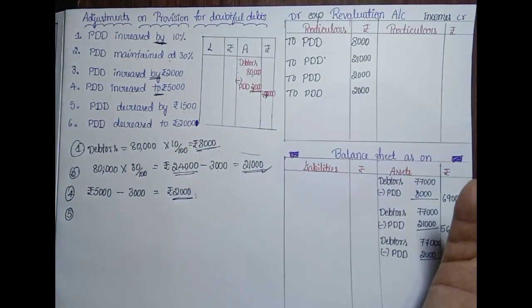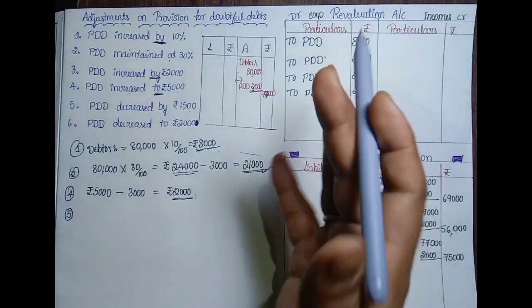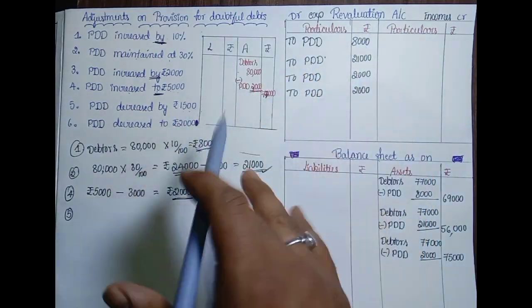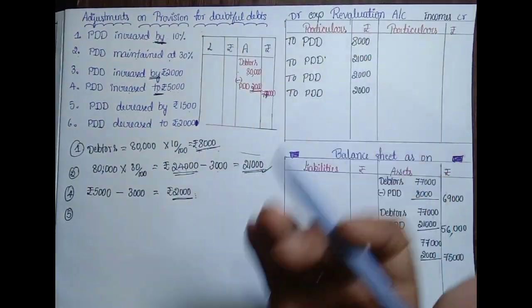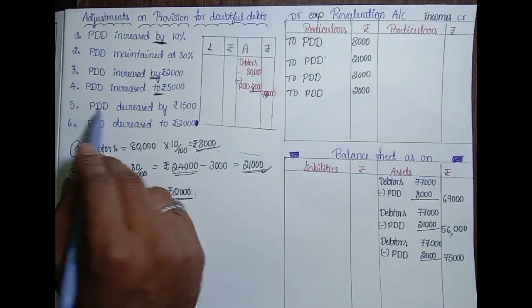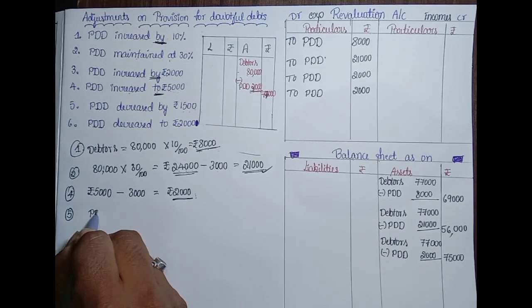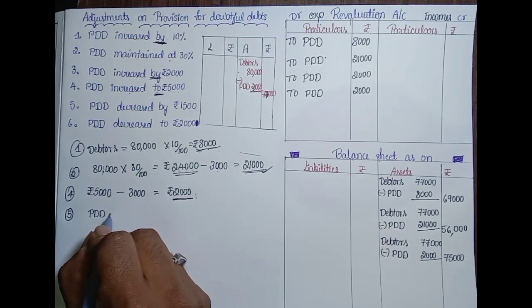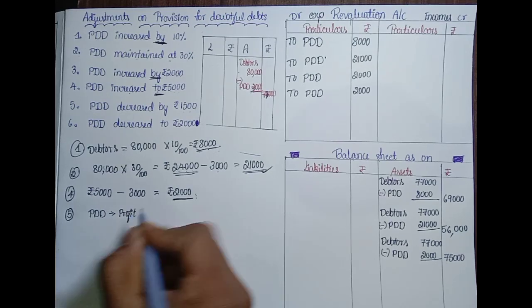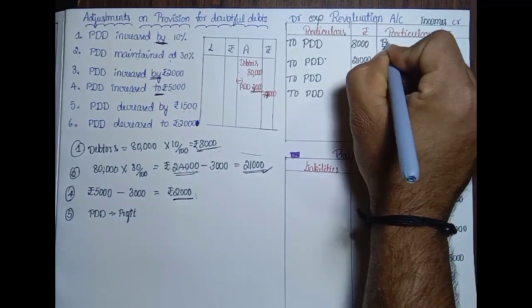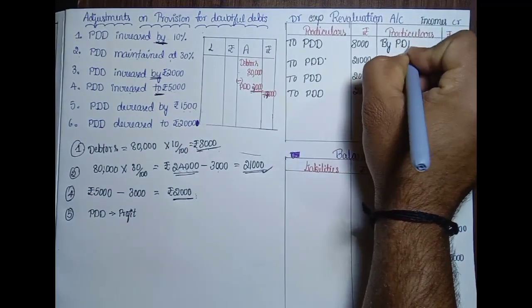The remaining amount he will pay. So we thought that he is not able to pay, but now he is able to, which will become profit to our business, because we can recover it. So whenever provision for doubtful debts is decreasing, it will become profit to our business. So that's why we need to take the provision for doubtful debts under the credit side.